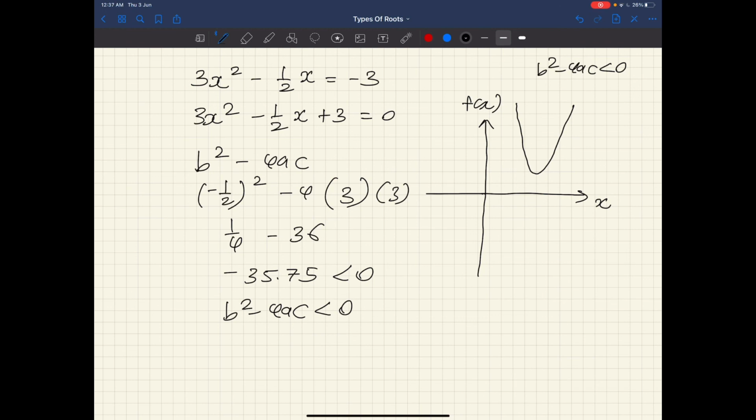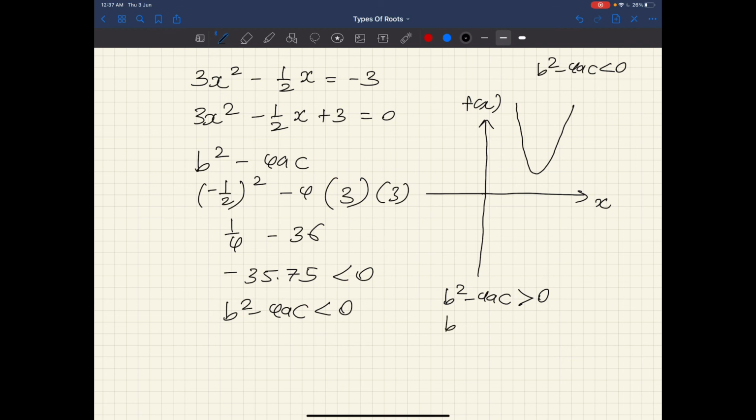These are the three types of roots that you have to learn. First is b squared negative 4ac, and the solution for that, you get a positive number, greater than 0. Positive number means greater than 0. Then you can say it as two real distinct roots.